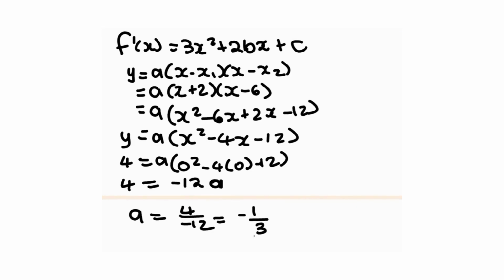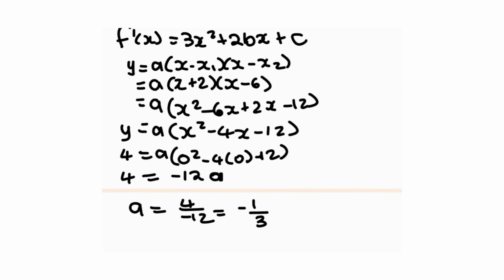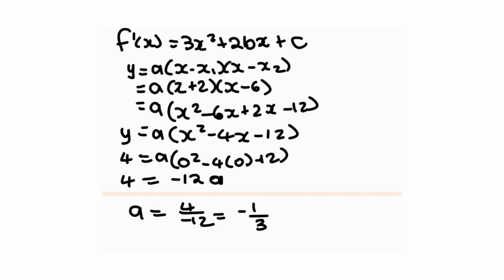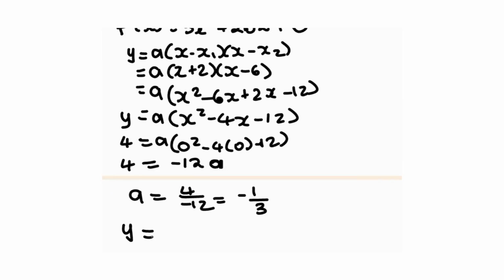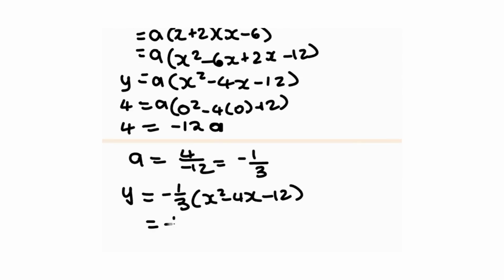So now we have found the equation of that. We can now take that a back. So y equals negative 1 over 3 times (x squared minus 4x minus 12), which is going to be negative 1 over 3 x squared plus 4 over 3 x plus 4.